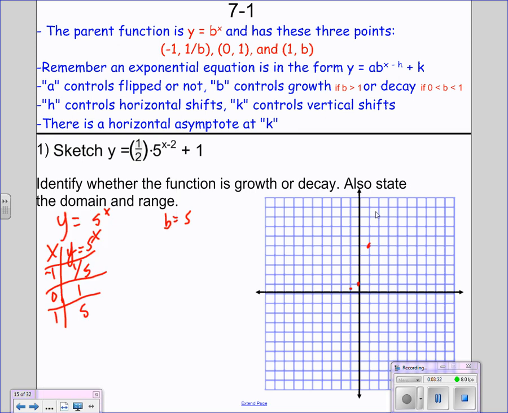And it will look kind of like a J. But remember, it has a horizontal asymptote at the x-axis. So it's not allowed to touch it or cross it. So we'll extend it to remember that it doesn't.